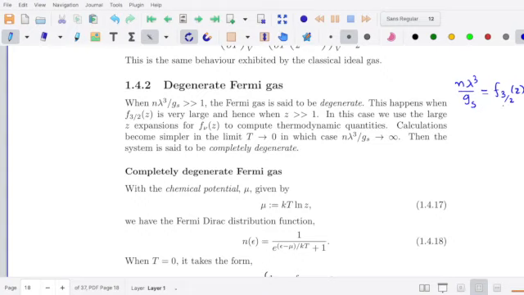That means F_3/2(z) should also be large. Now F_nu(z) is a function that increases with z, and therefore when F_3/2(z) is large, z should also be large. So for degenerate Fermi gases, the fugacity z should be much larger than 1.